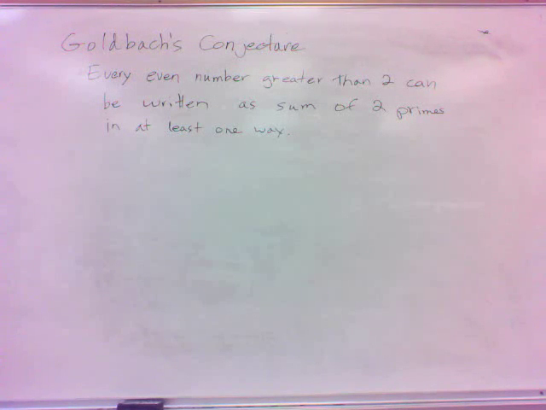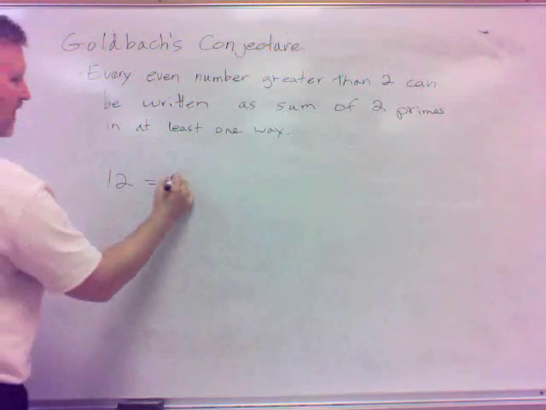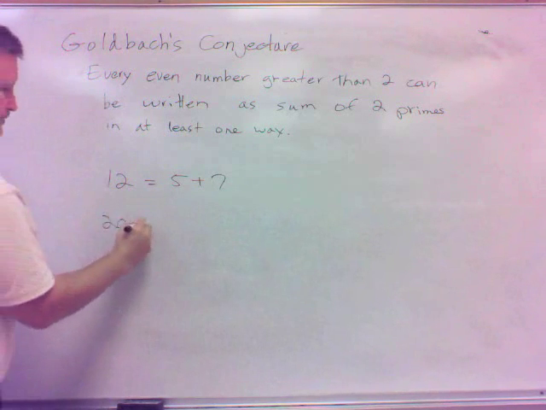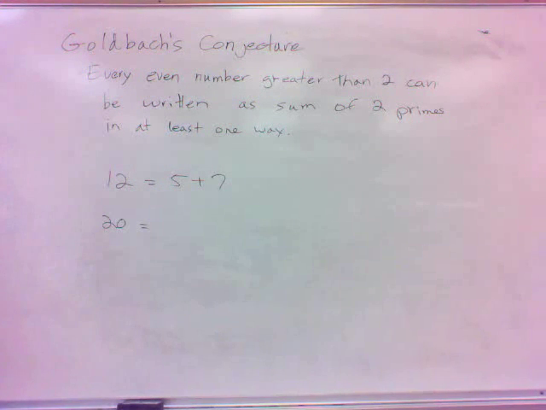All right, so for example, 12. I can write 12 as 5 plus 7, couldn't I? So there's a way to do that one. Okay? What about 20? Could I write 20 as a sum of 2 primes?